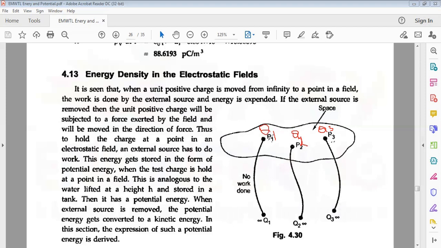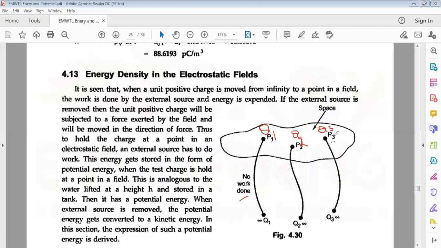When we are placing the charge Q1 at the point P1, there are no other charges in the space. So no work is done. Whenever Q2 is brought from infinity and placed at the point P2, a force is exerted on Q2 due to Q1.